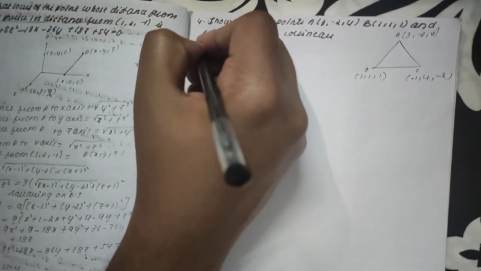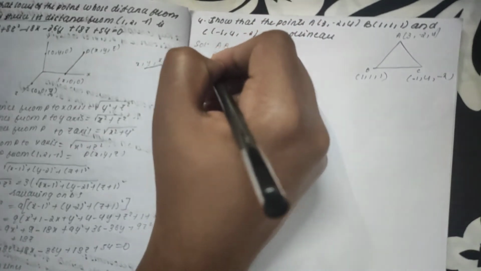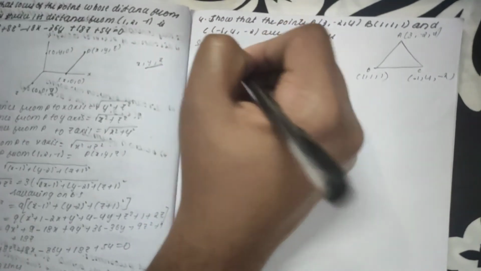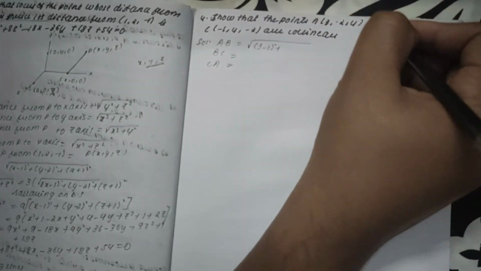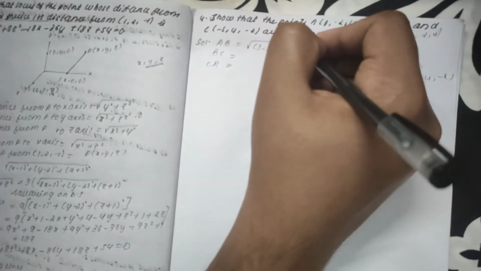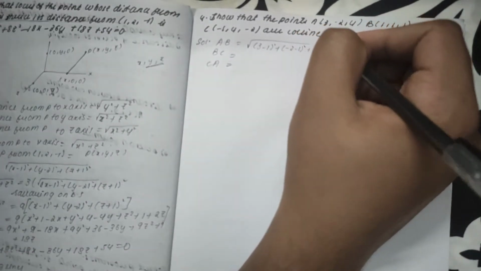Solution: find the distance between AB, BC and CA. The distance between AB is root of (3 minus 1) whole square plus (-2 minus 1) whole square plus (4 minus 1) whole square.